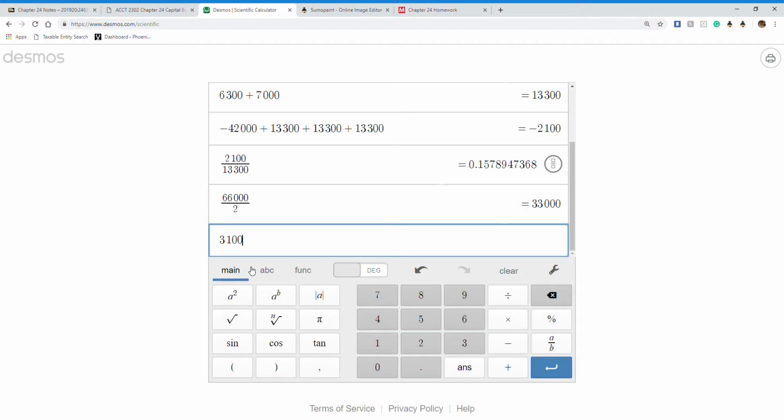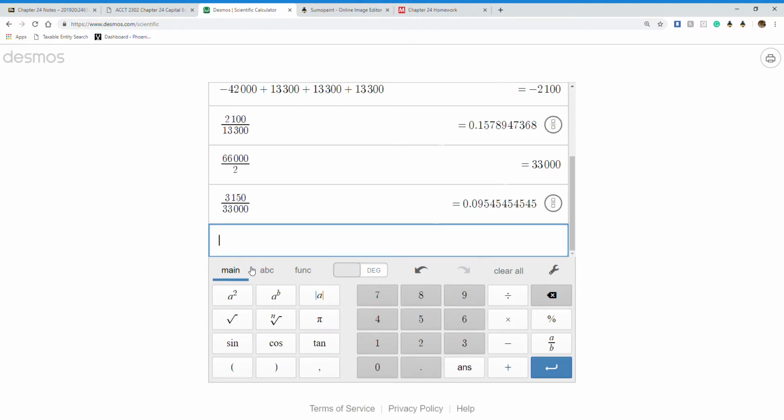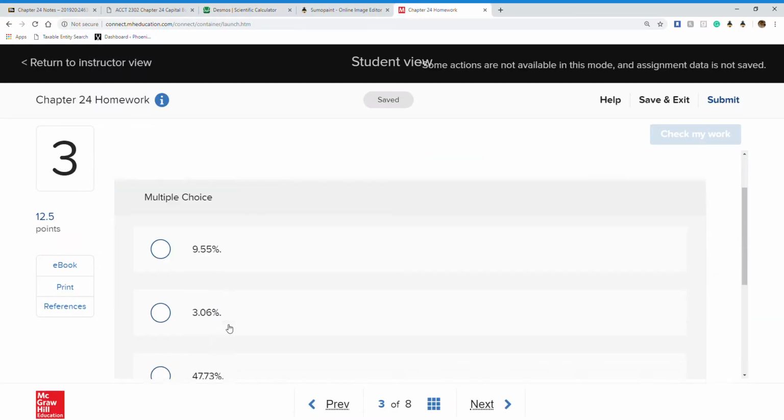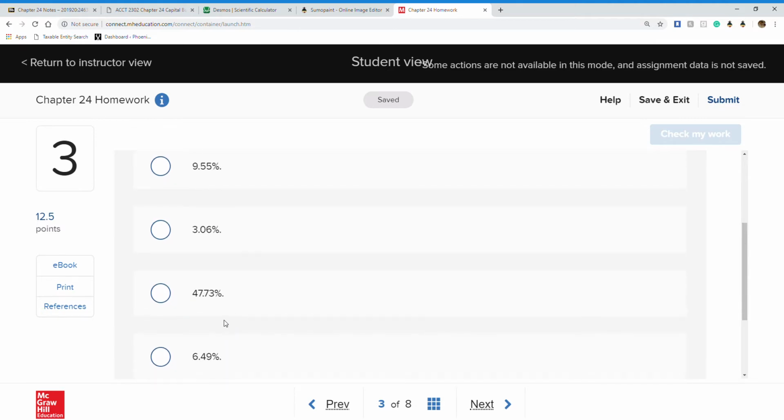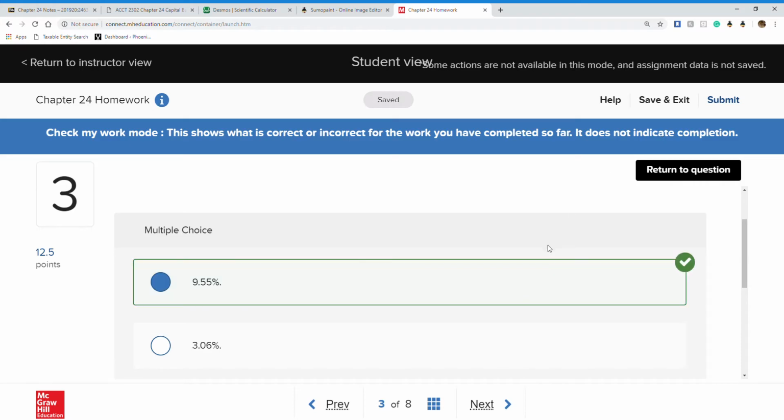Can't get the numbers right. Divide by 33. And it's only about 9.5%. Yes. Well, there was only one with 9%. Boom. And we are correct.